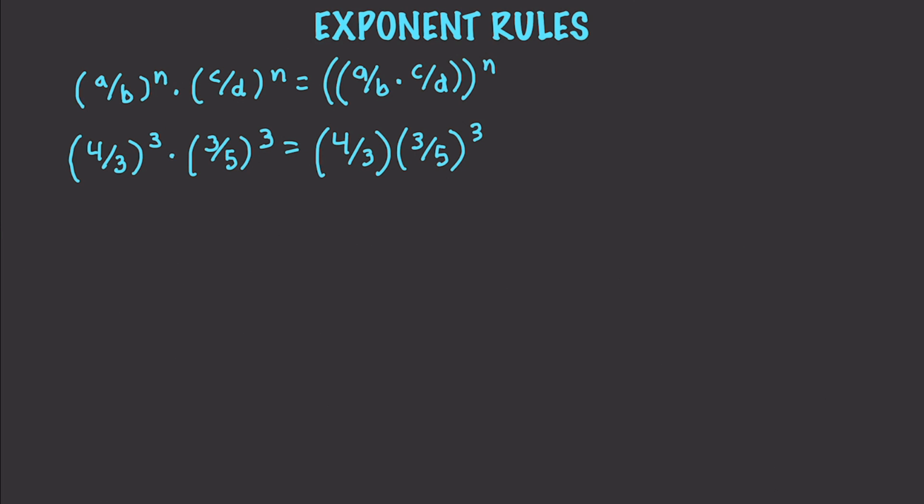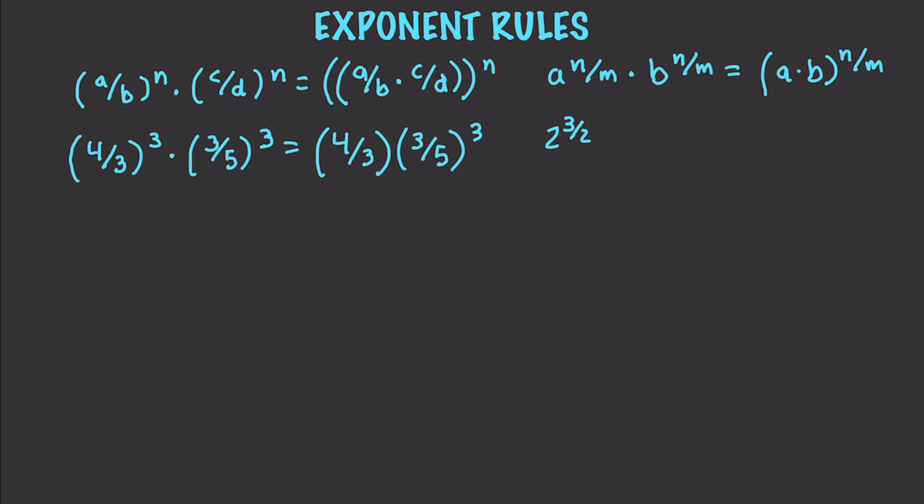Okay, let's try another one. Let's say we want to multiply fractional exponents with the same exponent. So that would work out to a to the n over m times a different base to the n over m, which is going to end up being a times b to the n over m. Maybe you're seeing a pattern start to develop here.